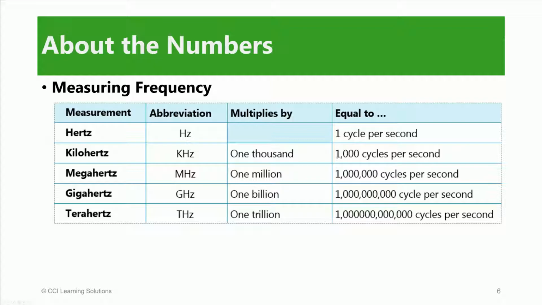And each one goes up by a whole 1,000. So we start off with 1,000, then 1,000,000, and then 1,000,000,000, and then 1,000,000,000,000.